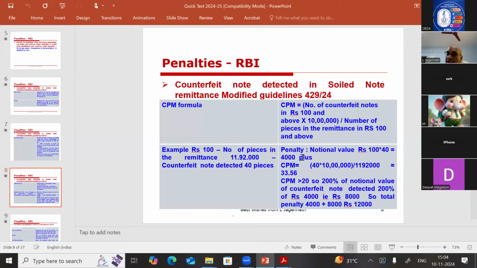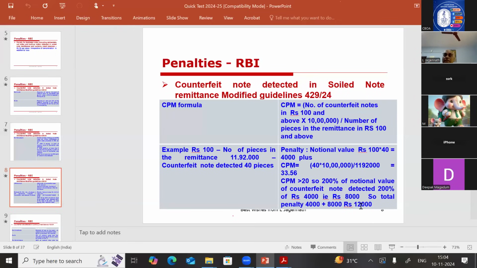CPM is more than 20, so 200% of the notional value. 200% of the notional value of rupees 4,000 is 8,000. So 4,000 plus 8,000, that is 12,000, is the penalty to be remitted to RBI because it is 100 rupees denomination, 40 pieces, and CPM is more than 20.